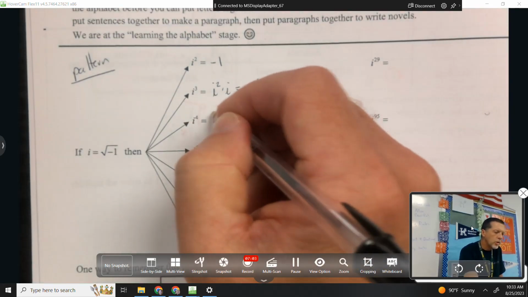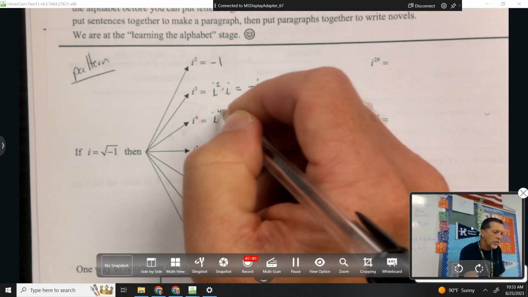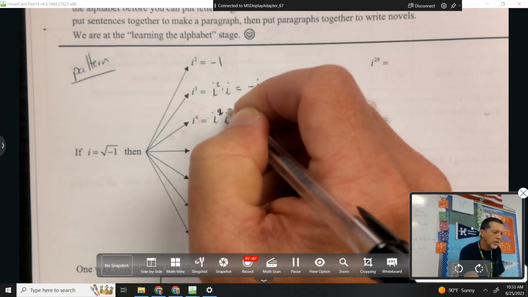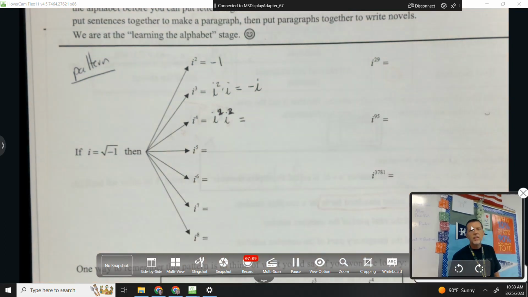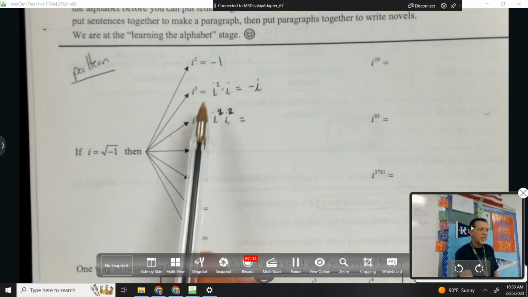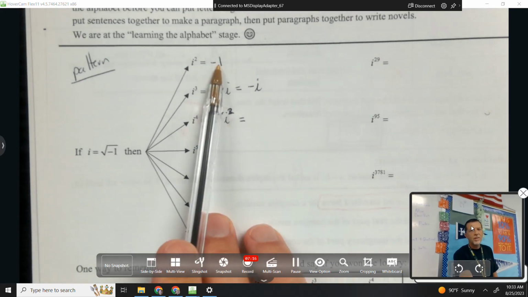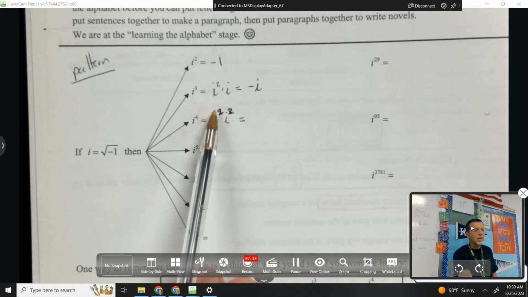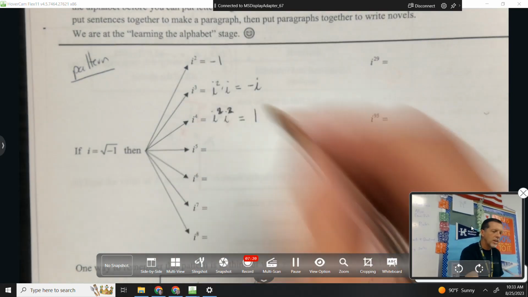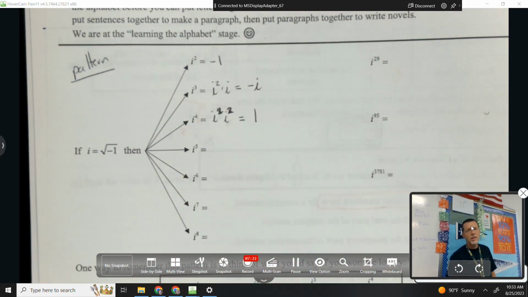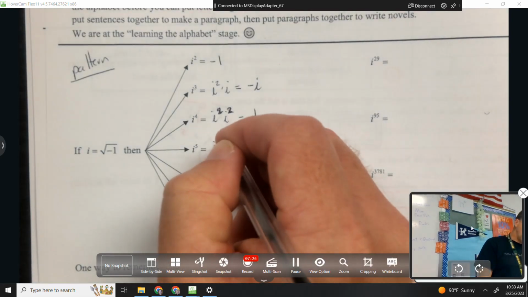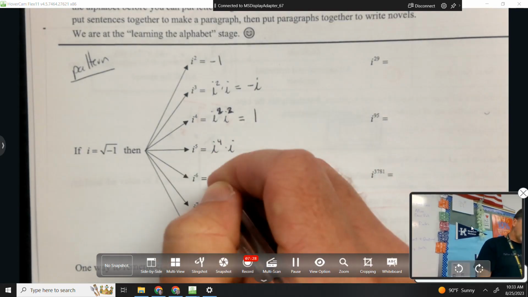i to the fourth I could write as i squared times i squared. What's i squared times i squared? It is i to the fourth, but negative 1 times negative 1 is a positive 1. And then i to the fifth, from here on, I could write them as i to the fourth times something.